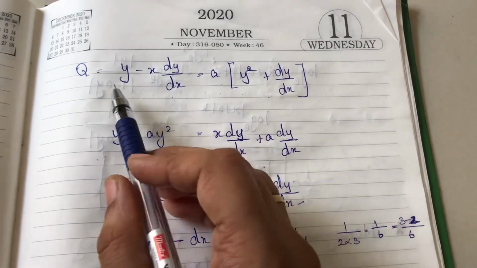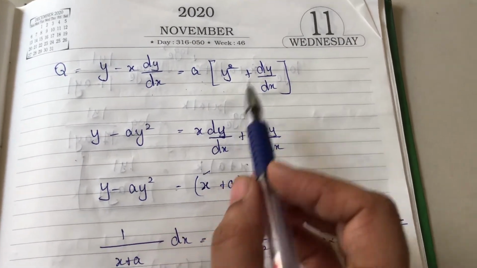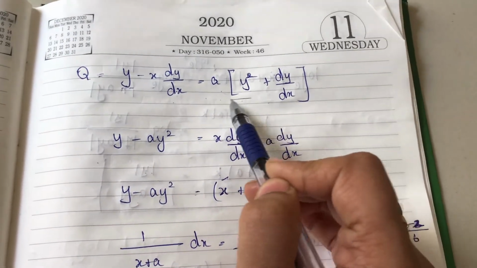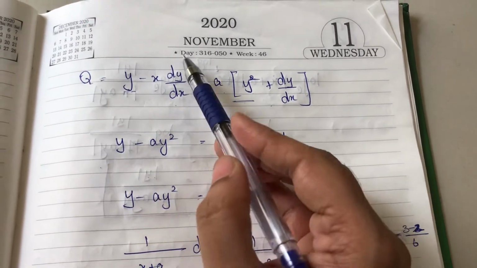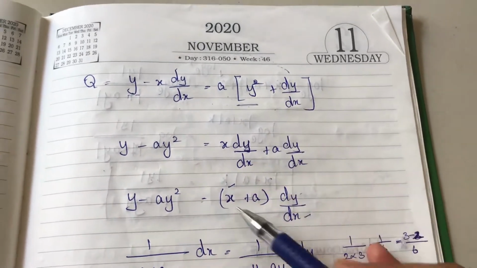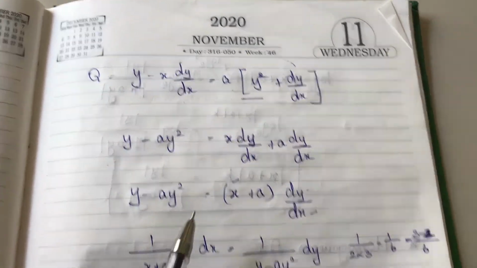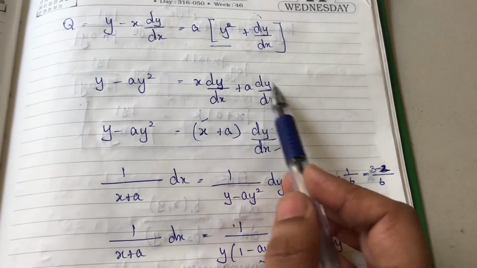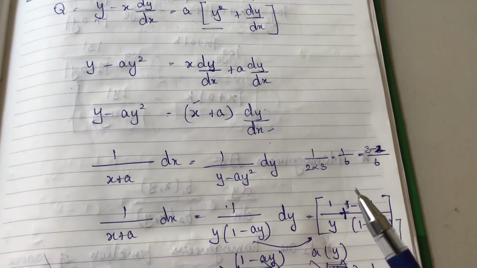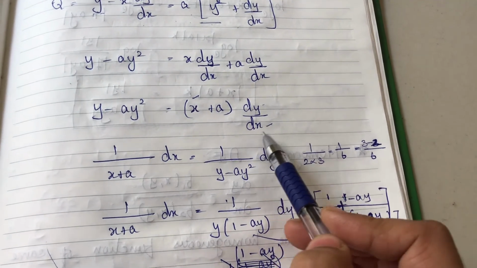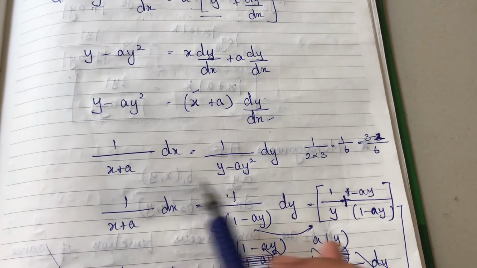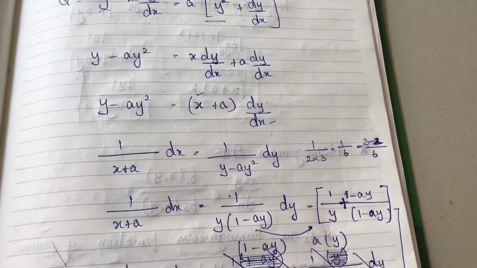Multiply by dx here and dx here. First I need to bring the y terms in the same way, and then the dx terms in another way. After that, take this dy by dx outside, then bring the dx here. So, I have separated all the things.